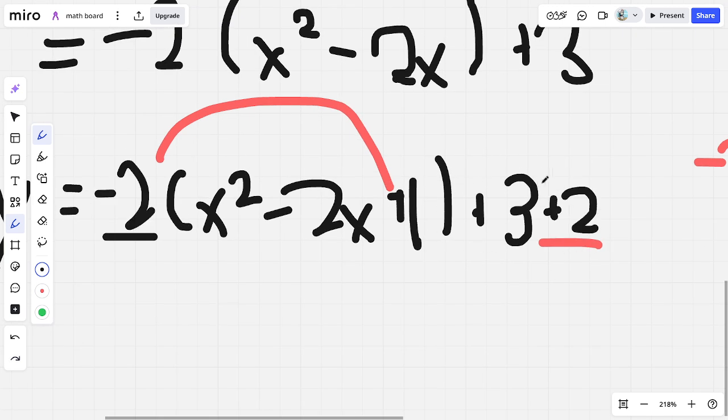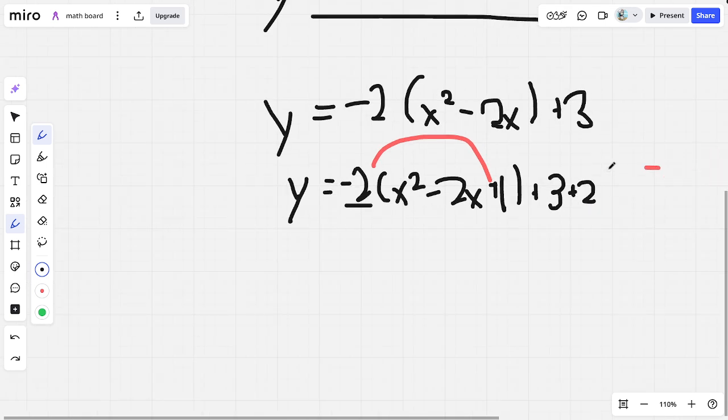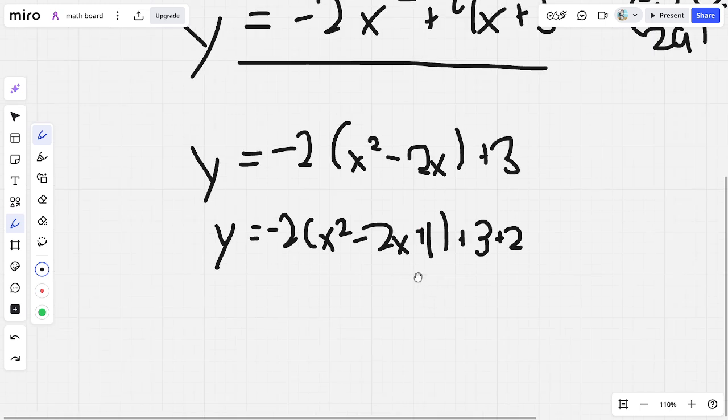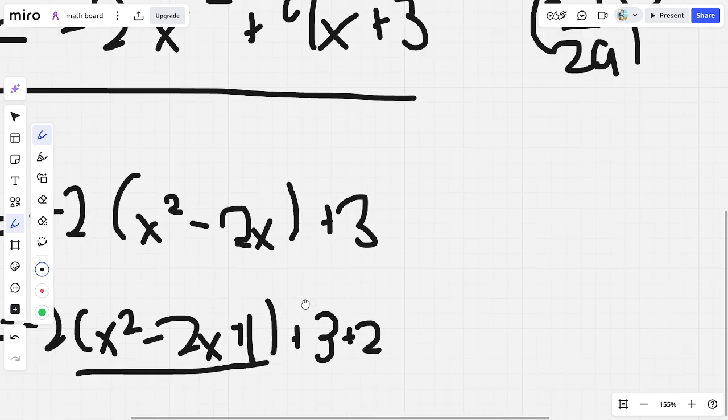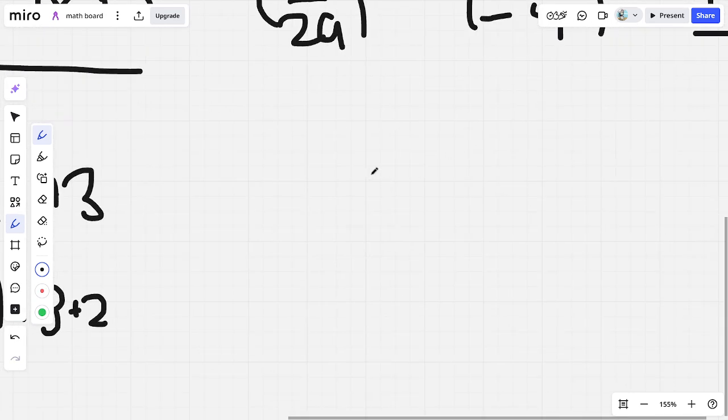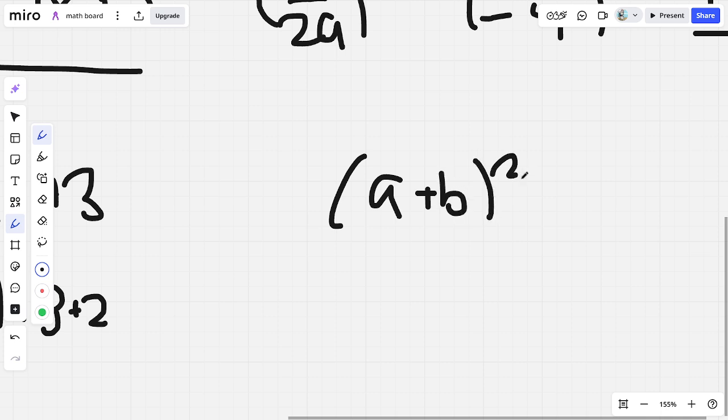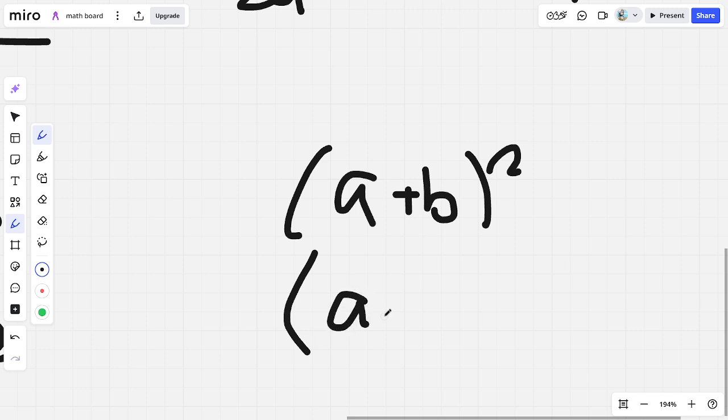So let's put it back, okay? Now that we have a perfect square trinomial, we can use either a plus b squared or a minus b squared.